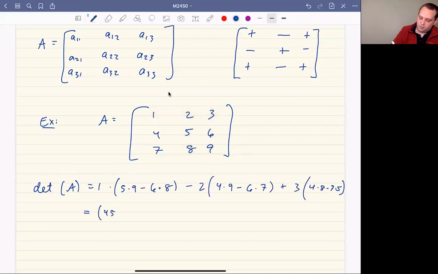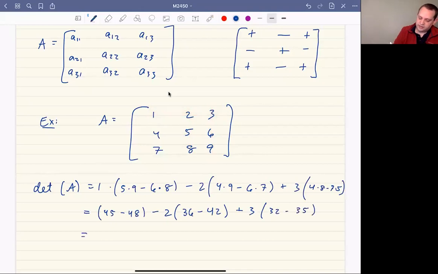45 minus 48. So it's minus 3. Minus 2 times, let's see, 36 minus 42. So we'll get to that in a second. Plus 3 times 32 minus 35.